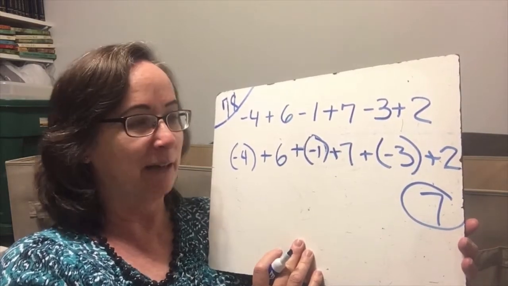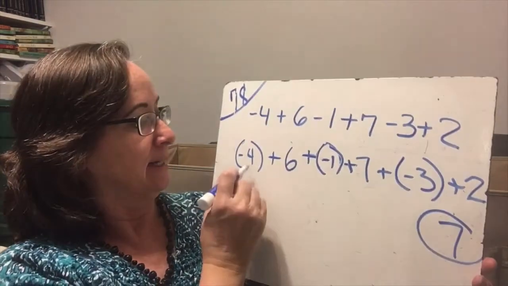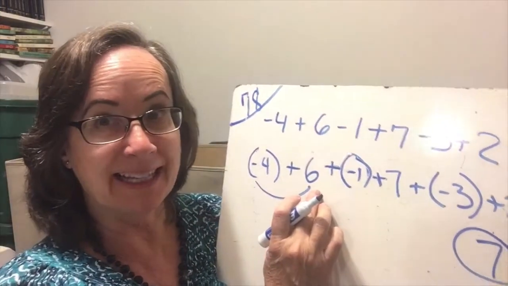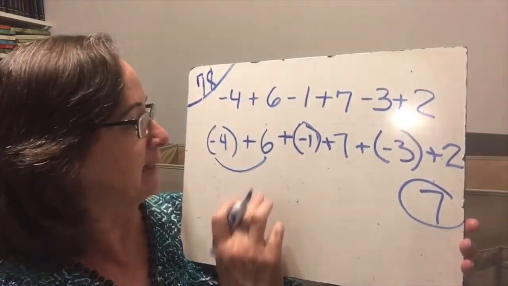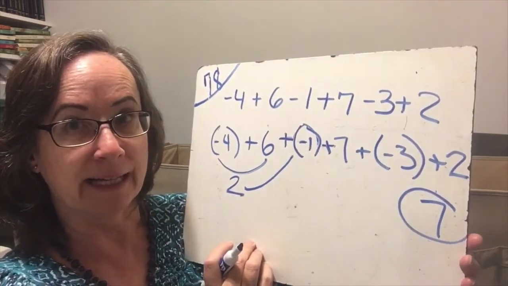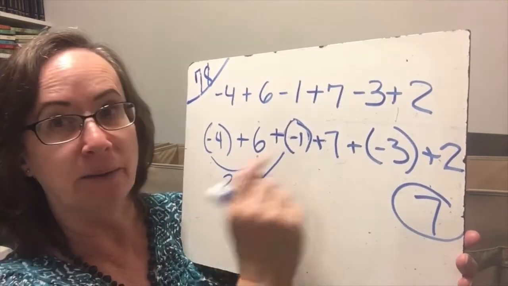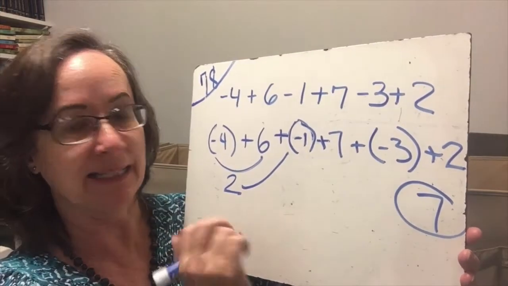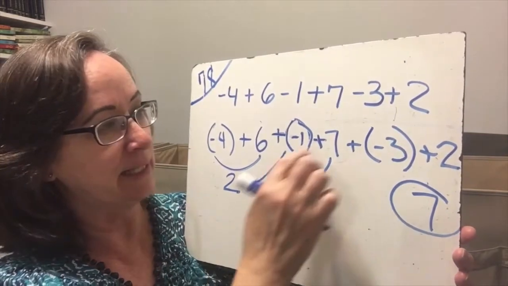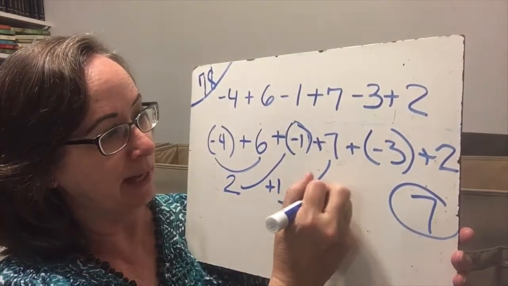Now let's see what we get when we do it left to right. So we add those two together first, and negative, positive, opposite sign, subtract. We're going to get a +2. Add these two together. Again, opposite sign, 2 and a -1. It's going to be a +1. And then we add these two together. +1 and +7 is a +8.